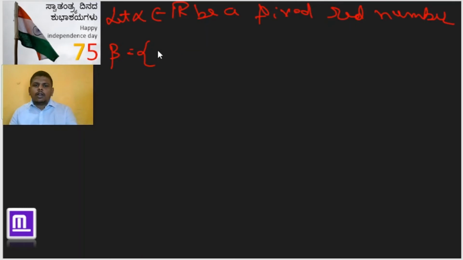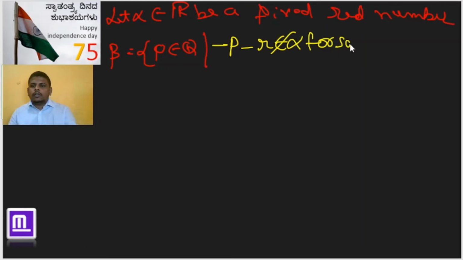This is the set of all rational numbers p such that minus p minus r does not belong to alpha for some r greater than 0. That means there exists an r. You can choose r based upon the p. This is not universal for the complete set beta. This depends on the p.